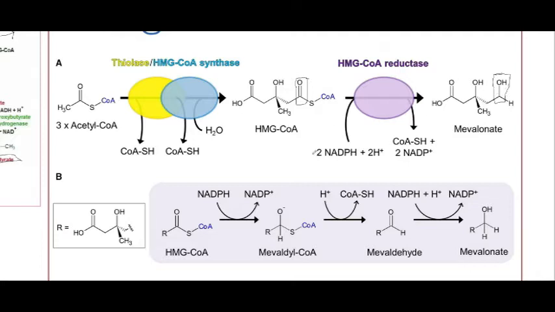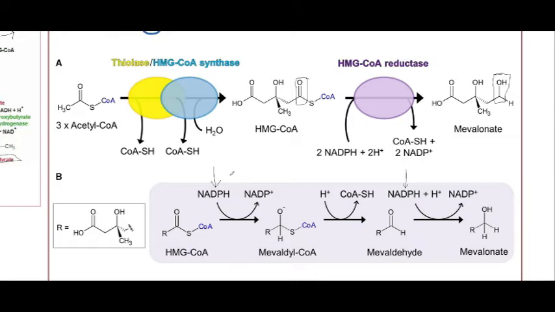And so we see that for the HMG-CoA reductase, we are using up 2 NADPH. And so energy is needed to form NADPH. So this is an energetic reaction. It takes energy to perform this reaction.